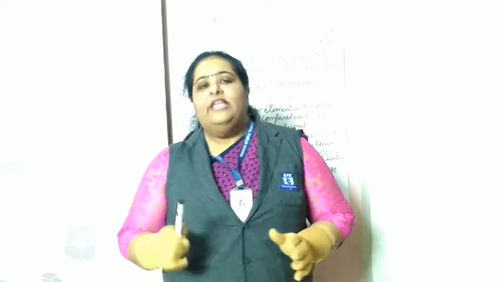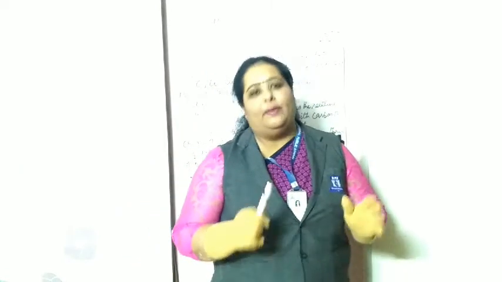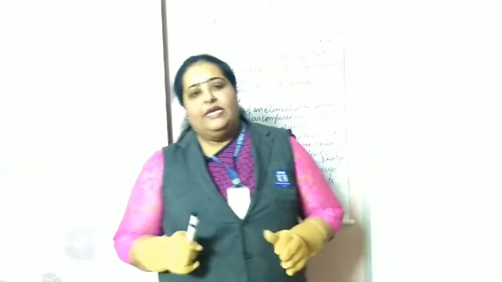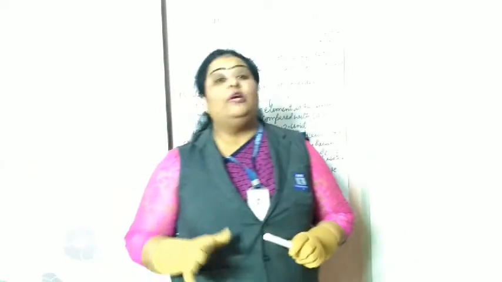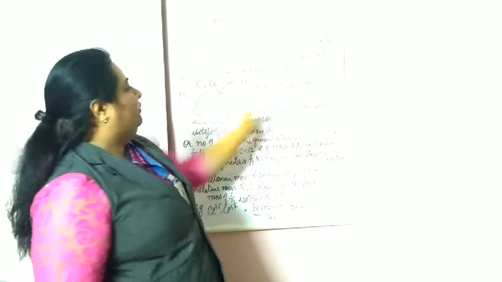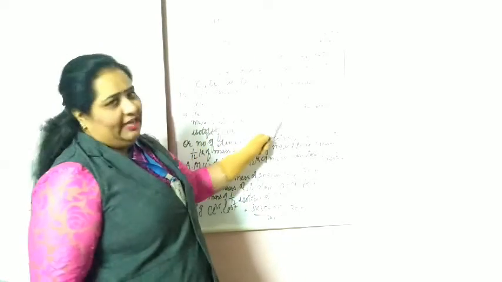Finally, they uniformly concluded that one of the isotopes of carbon, that is carbon 12, if taken as a reference point, then it will be very easy to understand the atomic mass of any element, right? So let us discuss what this is. IUPAC recommended C12, the carbon 12 isotope of carbon, as the reference.